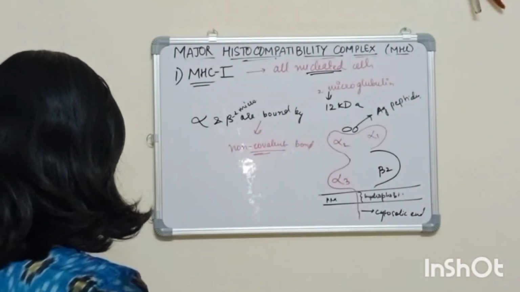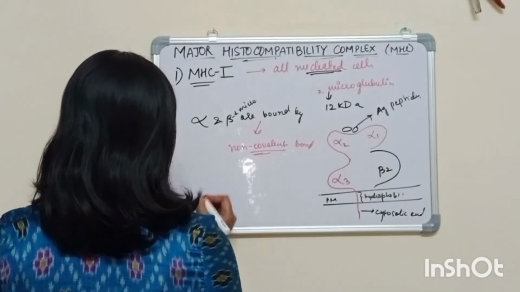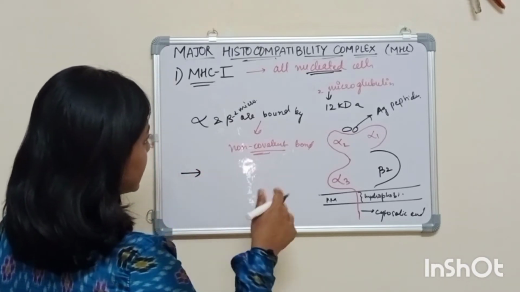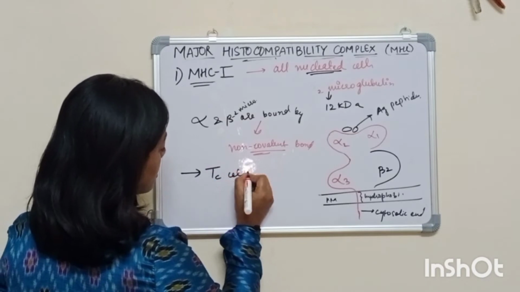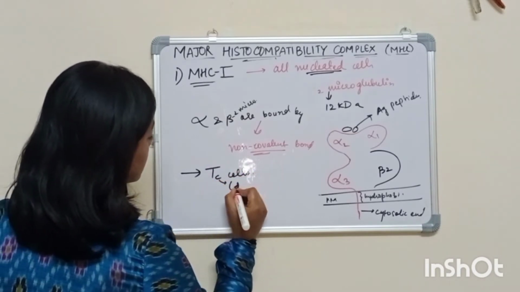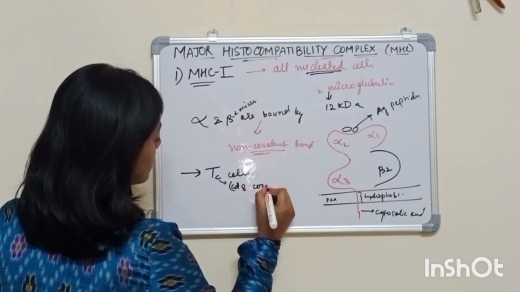And MHC1 presents the antigenic peptide to TC cells that have the CD8 co-receptor.